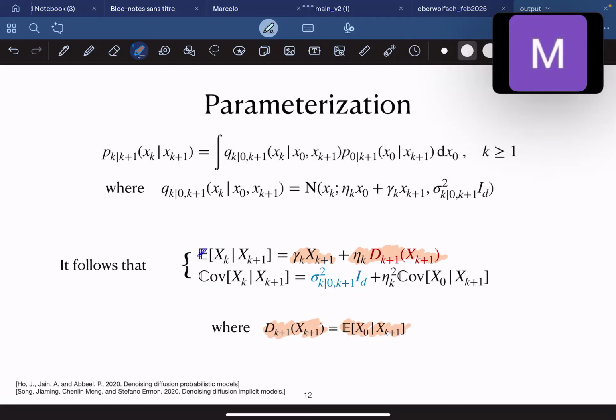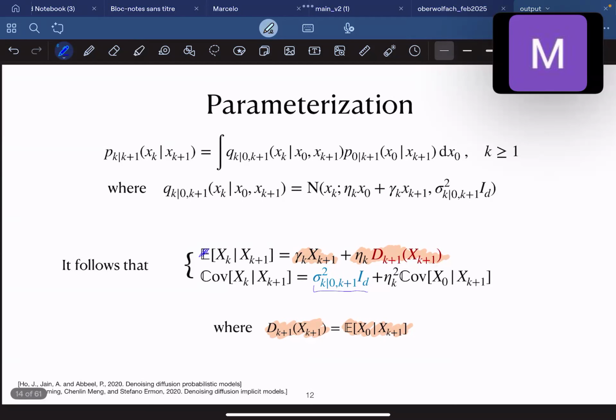And the covariance matrix has a similar structure, but here you can show that it is simply a known matrix, a scalar times the identity matrix, which is explicitly known, plus some scalar, which is also completely known, times the covariance matrix of x0 given xk plus 1.